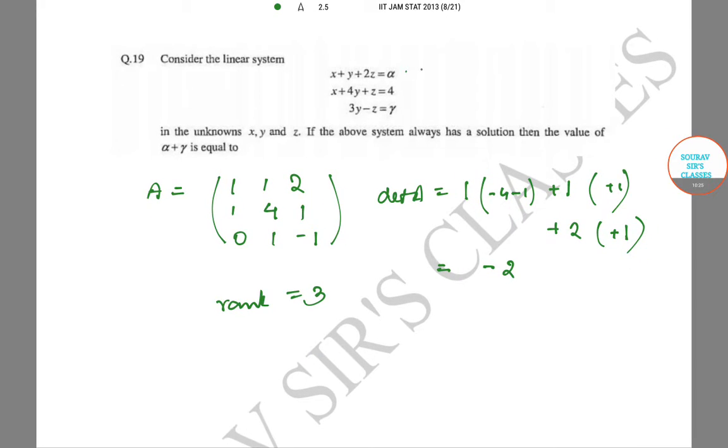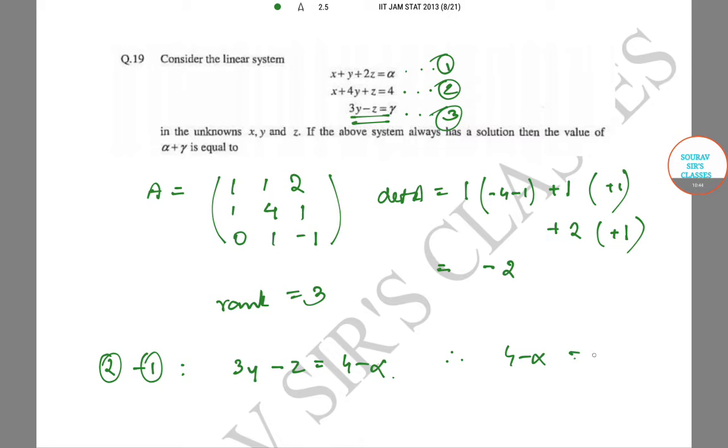If we name these equations 1, 2 and 3, equation 2 minus 1 gives us 3y minus z equal to 4 minus alpha, and we have 3y minus z equal to gamma. Therefore 4 minus alpha is equal to gamma, and alpha plus gamma is equal to 4. So alpha plus gamma is always equal to 4, and our problem is solved.